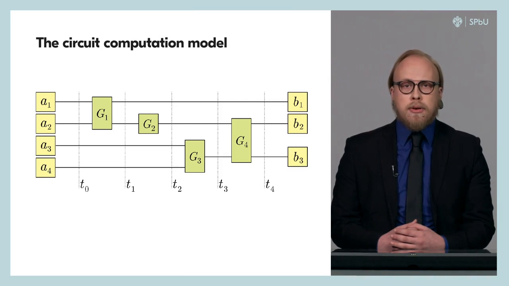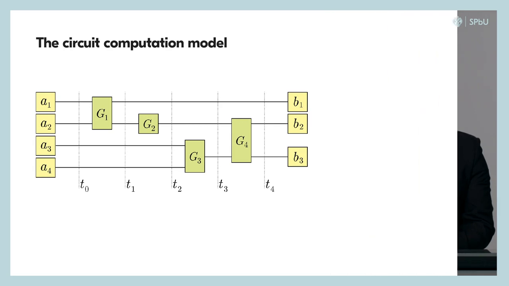It converts 4 bits as the input, that is A1, A2, A3, and A4, into 3 bits at the output, B1, B2, B3. This transformation is performed using 4 logical elements, G1, G2, G3, and G4, represented as green rectangles.